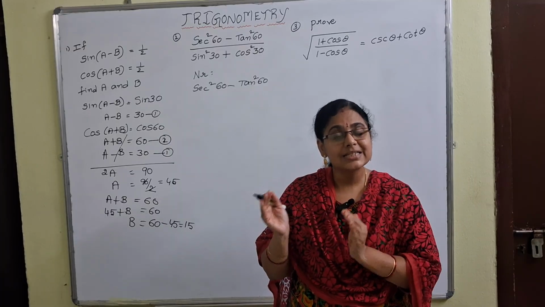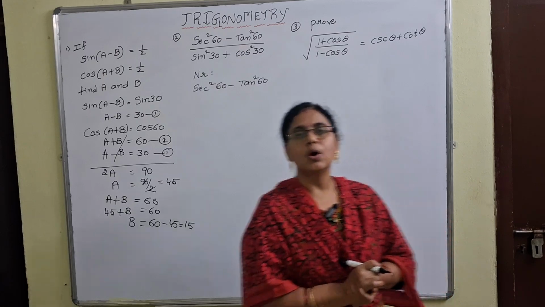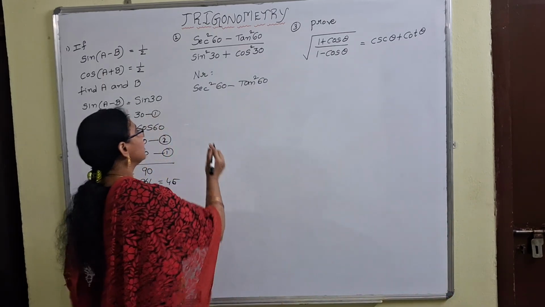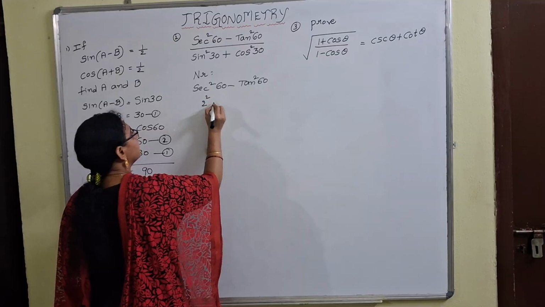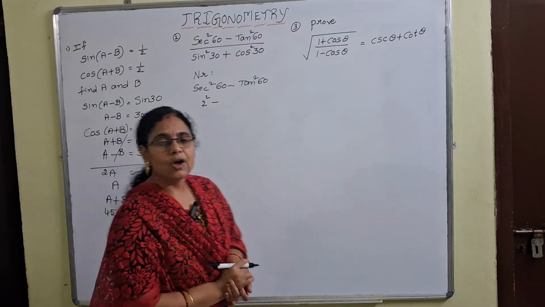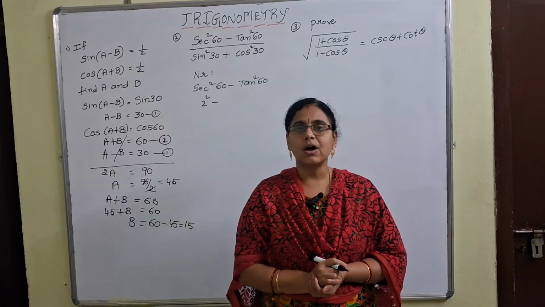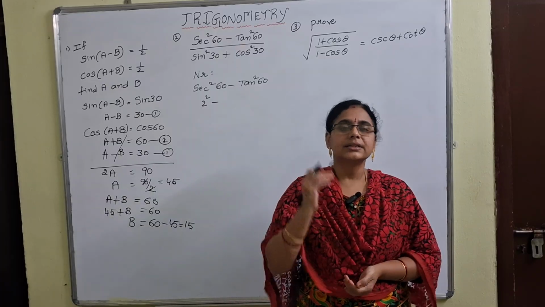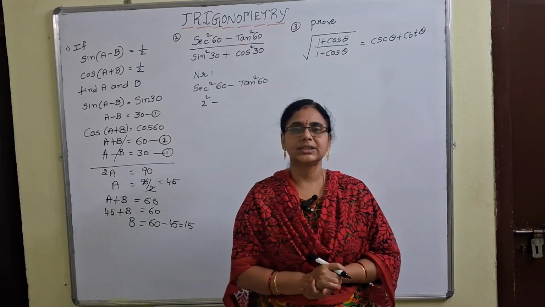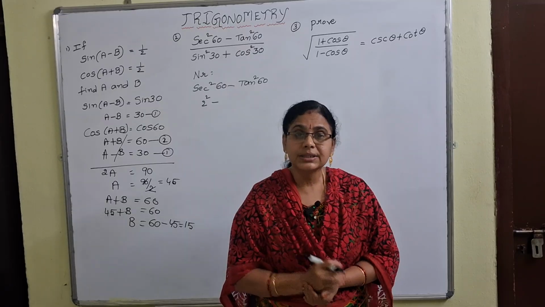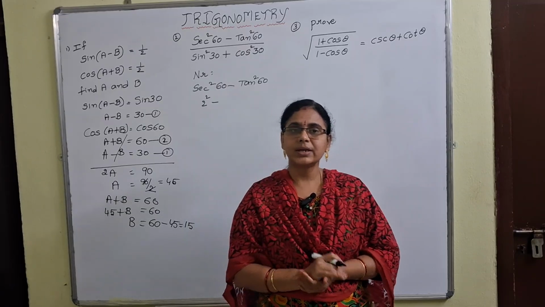So for secant 60 you have to substitute 2. But here the question is secant square 60. So 2 square minus, now we require tan 60. How will you get tan 60? Sin 60 by cos 60. Sin 60 is root 3 by 2, cos 60 is 1 by 2. The 2s are cancelled.